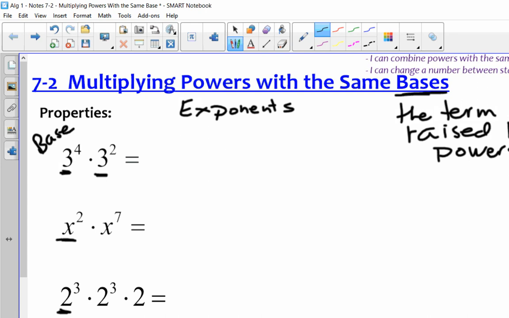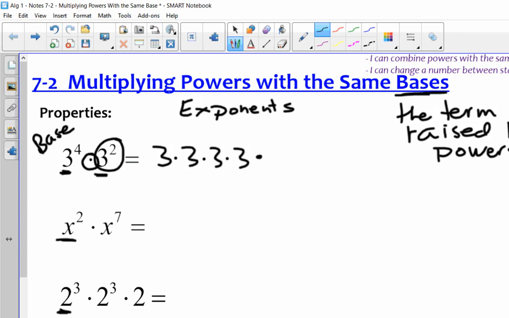I'm going to elongate this explanation on this first one to help you understand the rule. 3 to the 4th really means 3 times 3 times 3 times 3. So I'm multiplying 3 by itself 4 different times. But then I'm multiplying that term by 3 to the 2nd power.